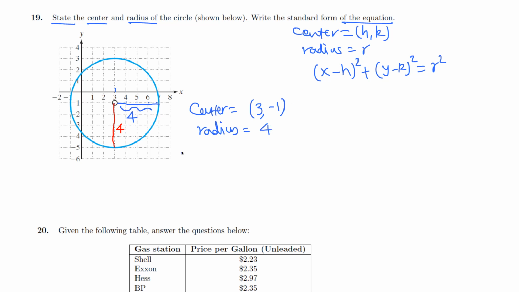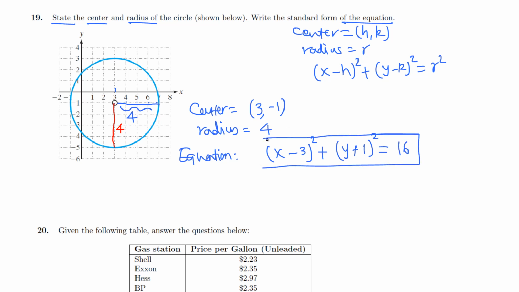Now we can write down the equation in standard form. That will be (x - 3)² + (y - (-1))², and minus negative means plus, so (y + 1)² is equal to r², 4 squared, 16. And we don't have to simplify.